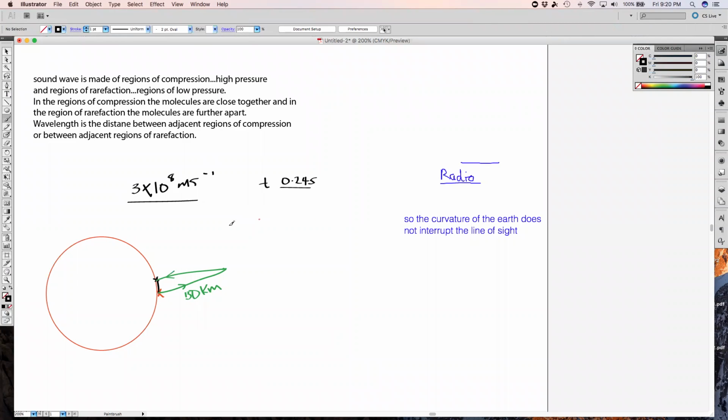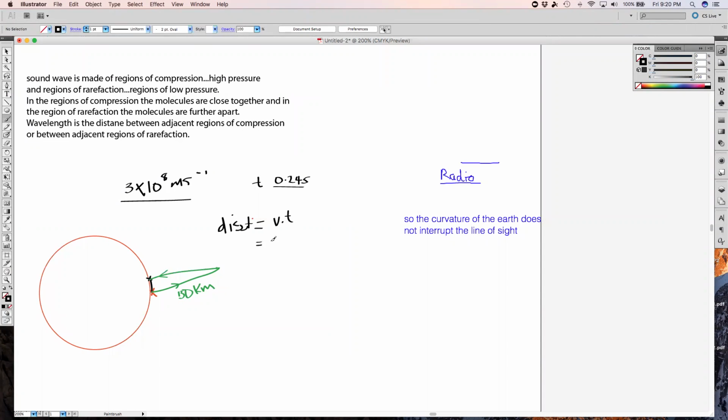Now we know distance is equal to speed by time. So it's a simple matter of multiplying these two, 0.24 by 3 by 10 to the 8.